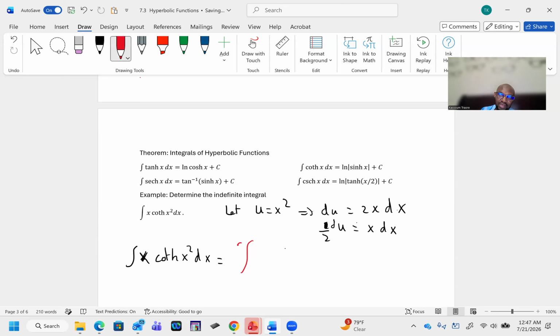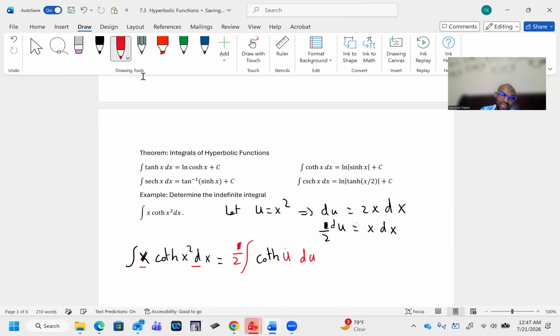X squared. So that will give me hyperbolic cotangent of u, but du is what? 2x dx. So which means x dx, because this is x dx, right? So that's why I would put my 1 half outside, because that's a constant, and then du right here.